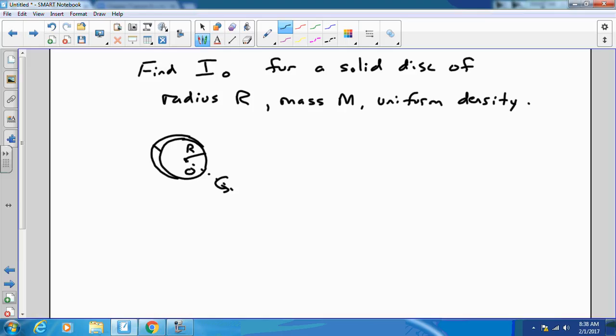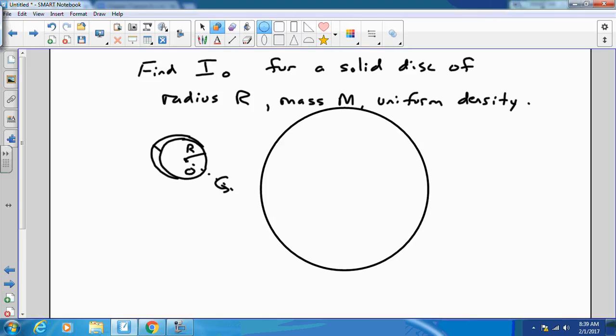So our plan is once again to integrate r squared dm, and to do this, the differential elements that we're going to take are going to be differential elements that are at a constant radius from the axis of revolution. In other words, we're going to take circular strips and add them up. Let me draw this a little bit more carefully.